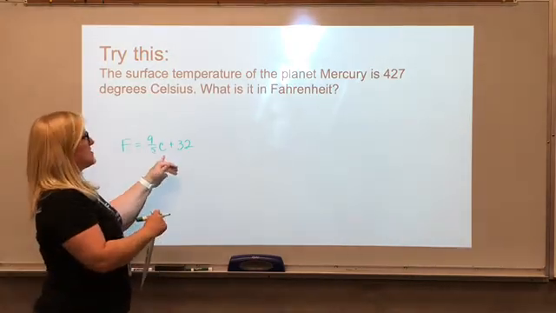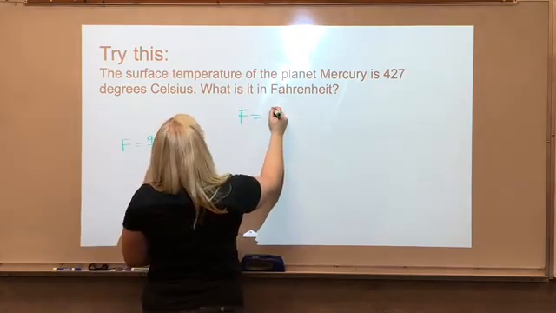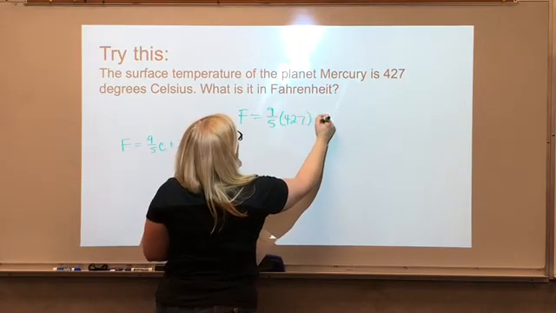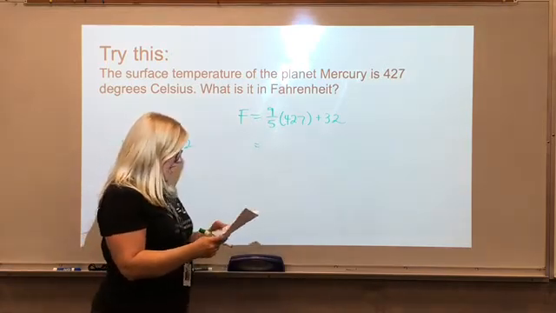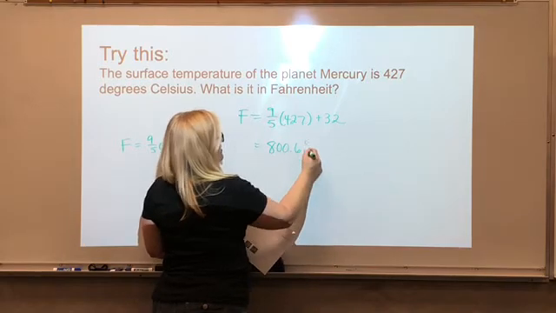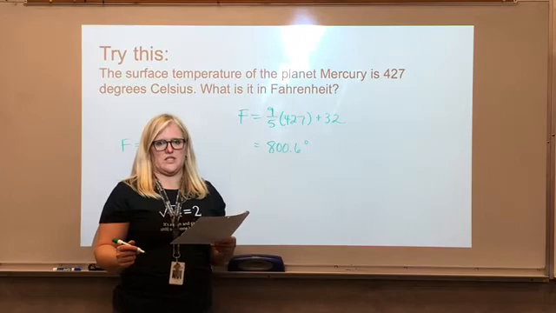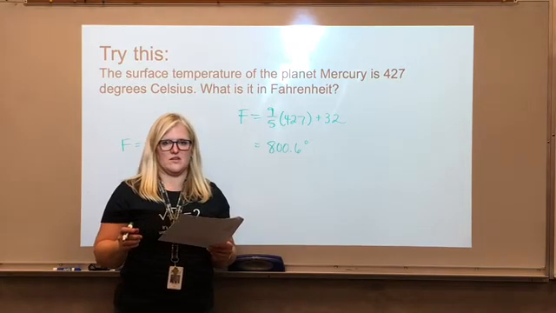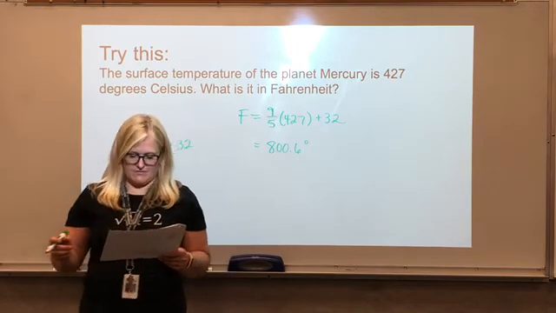We plug our Celsius into this right here. So we've got Fahrenheit equals 9/5 times 427 plus 32. And again, when I crank that out, I get 800.6 degrees. That is roasty toasty right there. I don't think anything on earth would, well, you wouldn't bake at that temperature, I'll just say that.